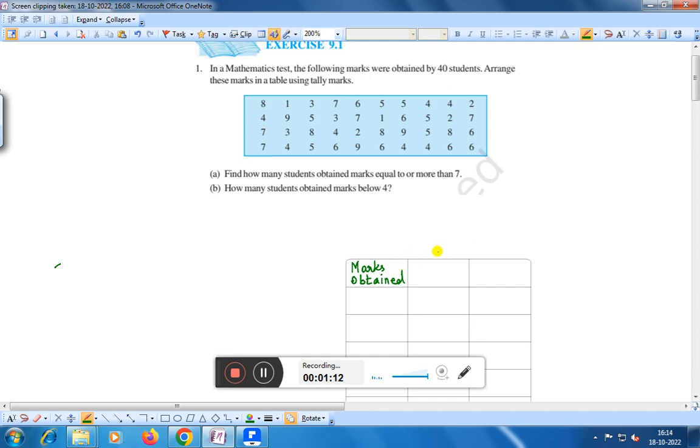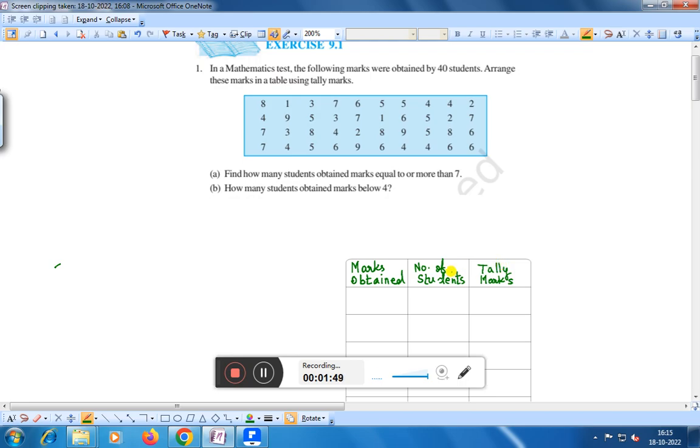This is marks obtained by student, and this is number of students, and this is tally marks. This is tally marks, right?